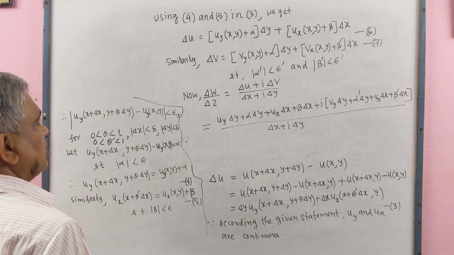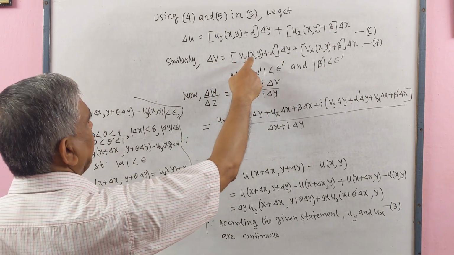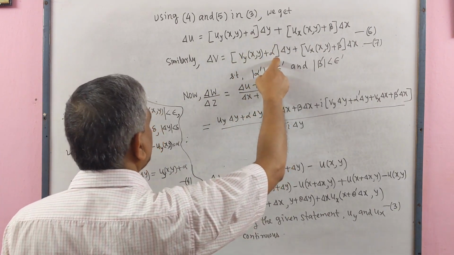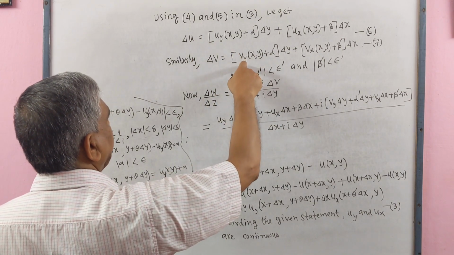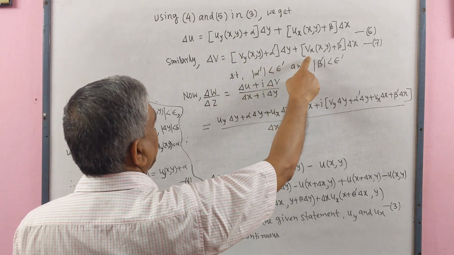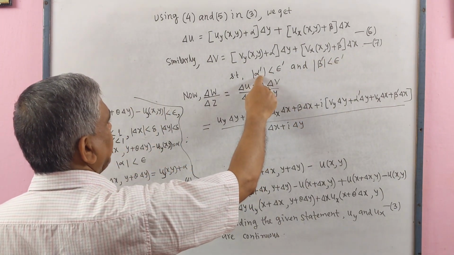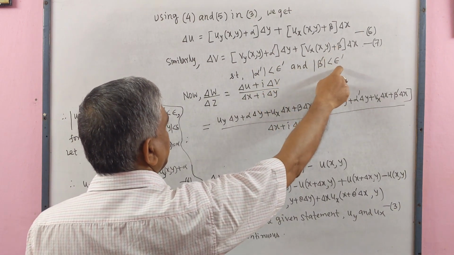This is equation 6. Similarly, delta v equals vy(x, y) plus alpha' into delta y plus vx(x, y) plus beta' into delta x. In place of alpha we take alpha', and in place of u we write v, and we get equation 7, where modulus of alpha' is less than epsilon' and modulus of beta' is less than epsilon'.